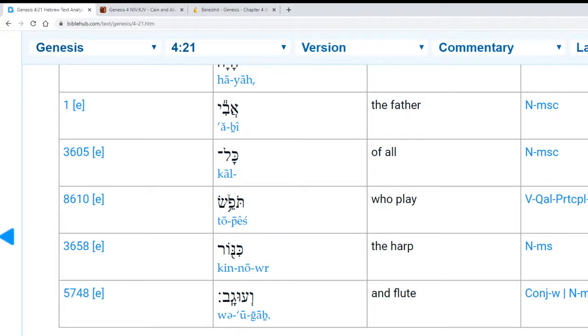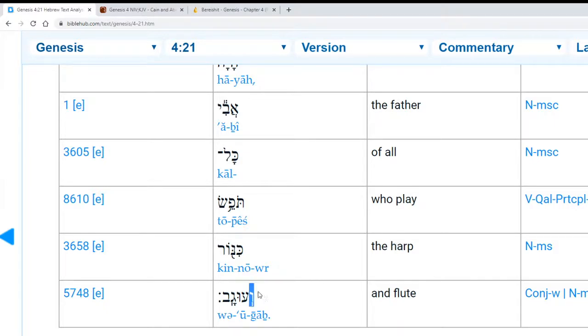Actually, tefisa shows up a lot in the Bible, I want to say. It's not just once or twice, but tofes means to grab onto, but here means to play. Kinor, which we actually find a lot, they're translating as the harp.